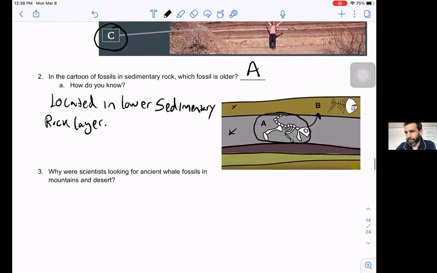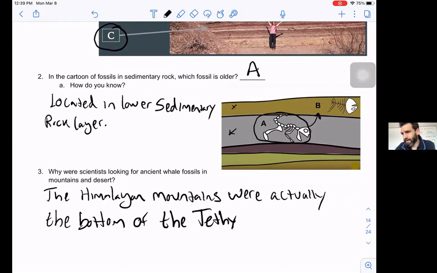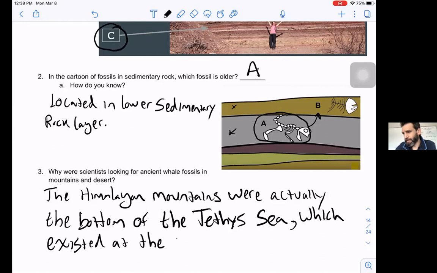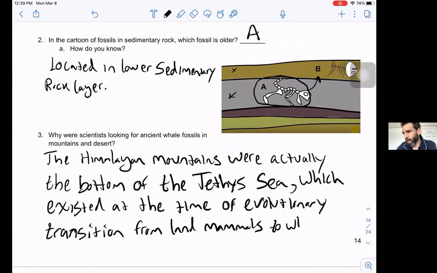So why were scientists looking there? Because the Himalayan mountains were actually the bottom of the Tethys Sea, which existed at the time of the evolutionary transition from land mammals to whales.